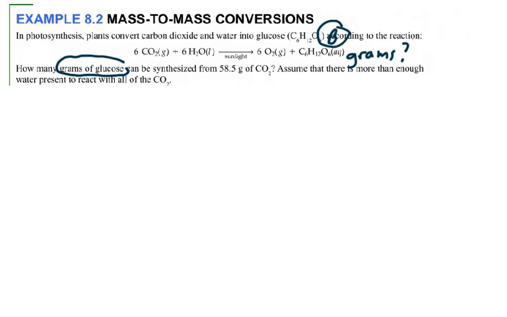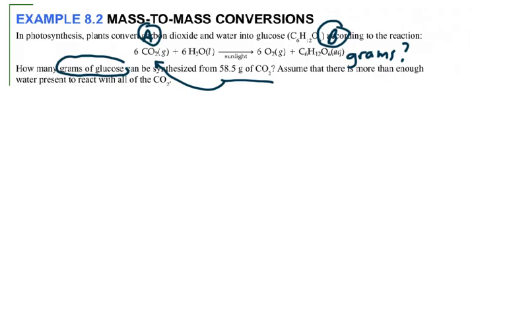So what's given? 58.5 grams of CO2. They do mention there's more than enough water present to react with the CO2, so water is not important. Our given here is carbon dioxide. And according to this, we got 58.5 grams of CO2. Now, I'm going to take you through the steps.